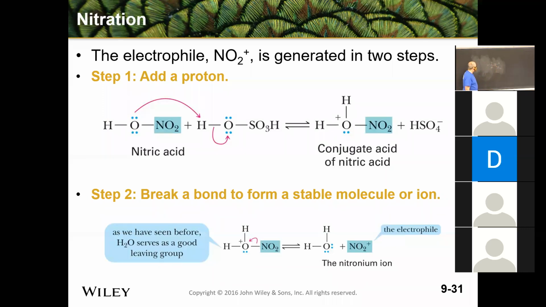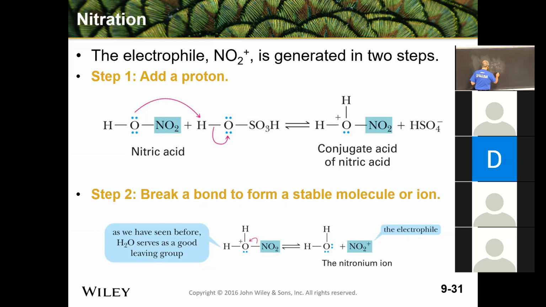Something else that's really favorable to water leaving: notice we have two plus charges right next to each other. That's very unstable. So this is very unfavorable, and so oxygen is going to push this way and push water out.